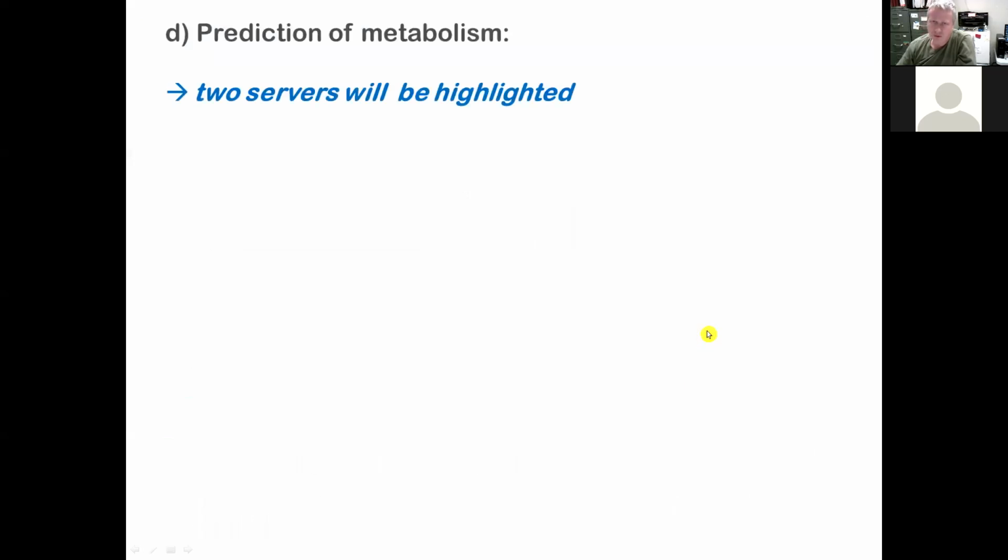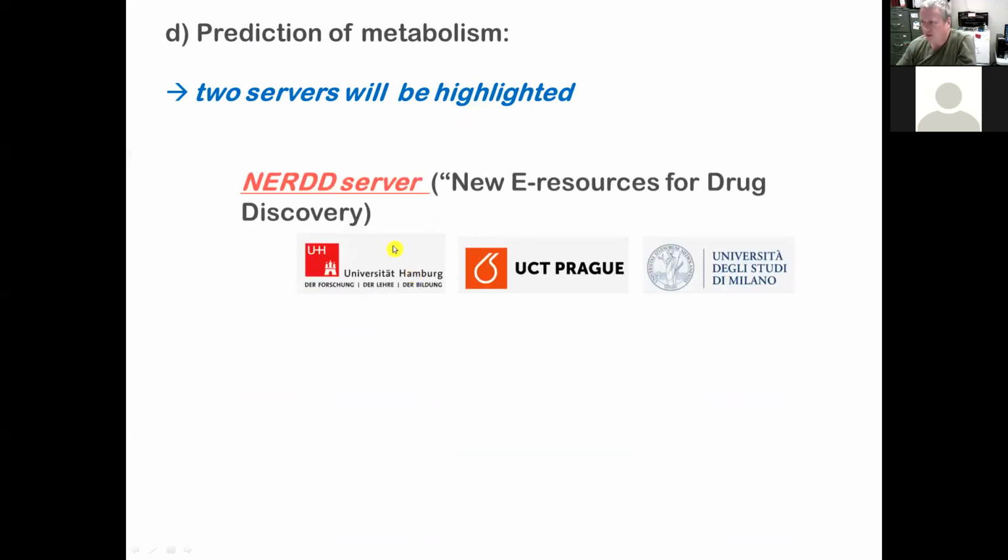So there are some cool computer servers that seem to be working. One of them's a little problematic. We'll see. One's called the Nerd server, new resources for drug discovery. This is a collaboration between the University of Hamburg, one of the universities in Prague, and also a university in Milano.